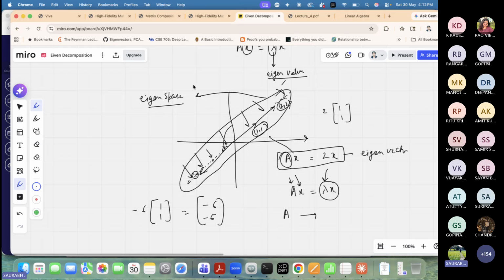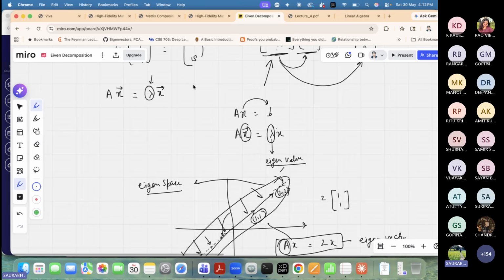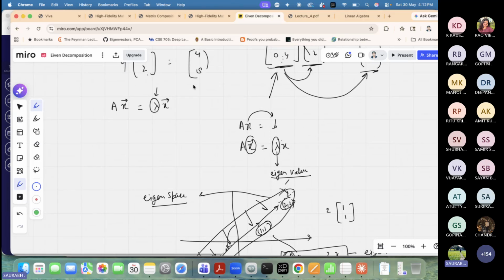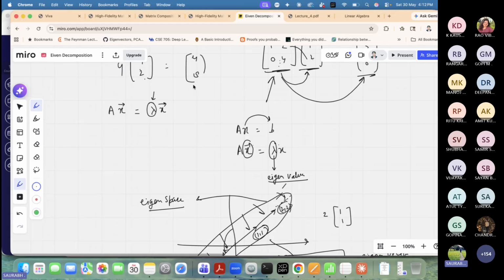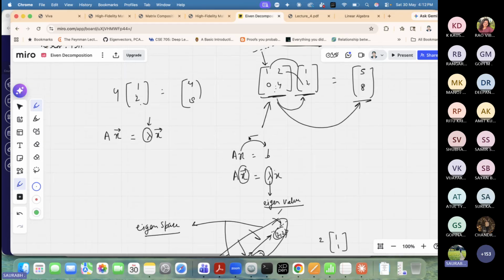Again, going back to the intuition, we started our first lecture with the idea that Ax equals b. A transforms any vector. A basically has superpowers. It transforms x to a new point b.